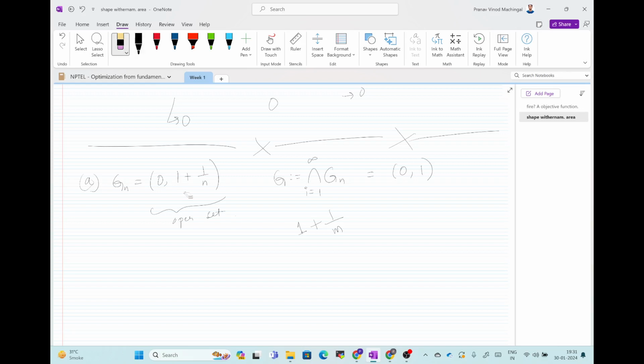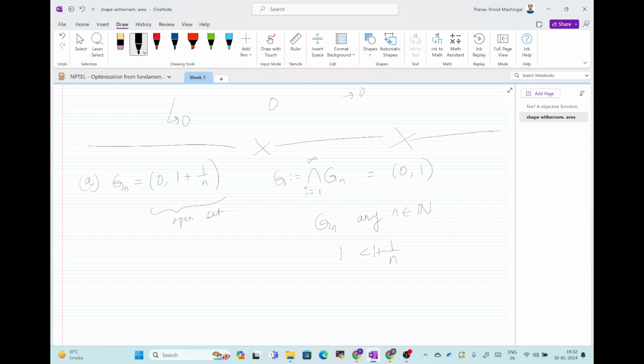But 1 will be part of all the sets, isn't it? For any g n, 1 is less than 1 plus 1 by n, sorry.